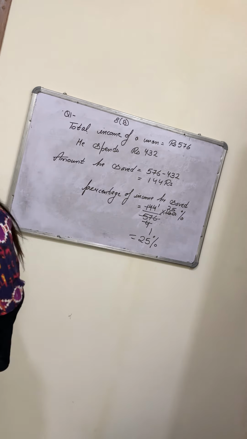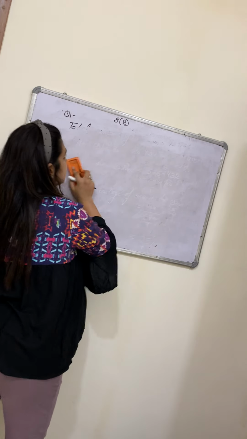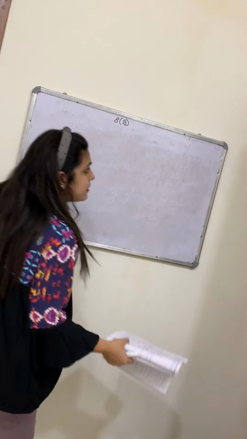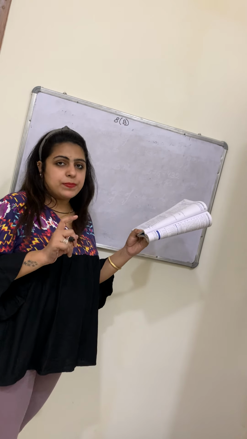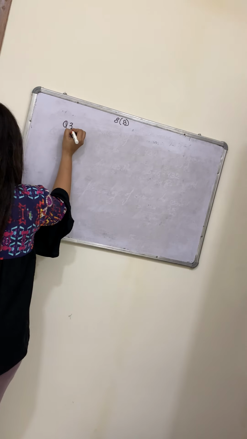Coming to the next question, that is question number 3. Question number 3: An alloy consists of 13 parts of copper, 7 parts of zinc and 5 parts of nickel. What is the percentage composition of the alloy? Let me write it over here.